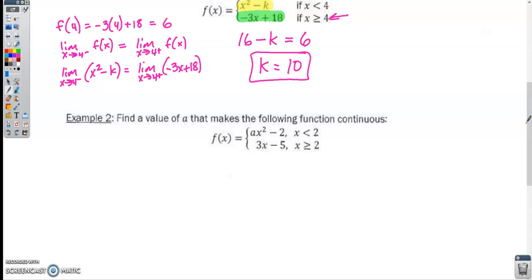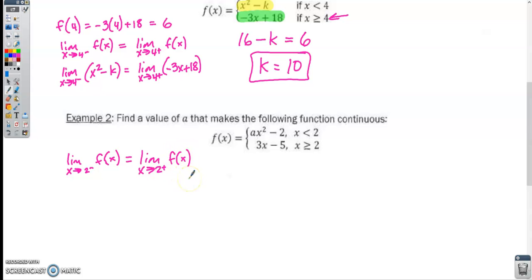Whether it's going to be continuous at x equals 2 or not is going to be determined by the value of a. So I'm going to set up, like I did last time, the limit as x approaches 2 from the left of this function has to be equal to the limit as x approaches 2 from the right of this function.